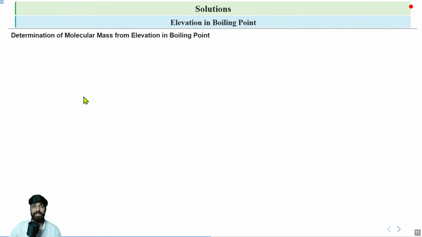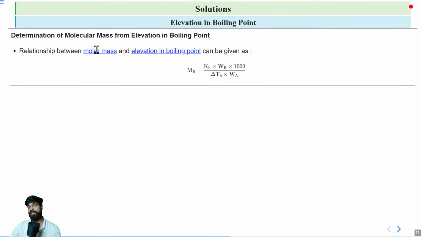Okay, before that, let me conclude our elevation in boiling point, by which we can calculate the molecular mass of the solute. So you will see this in every case. Basically, this colligative property is used to calculate the solute molar mass only. In every case, you will see that I put a formula to calculate the molar mass of the solute.